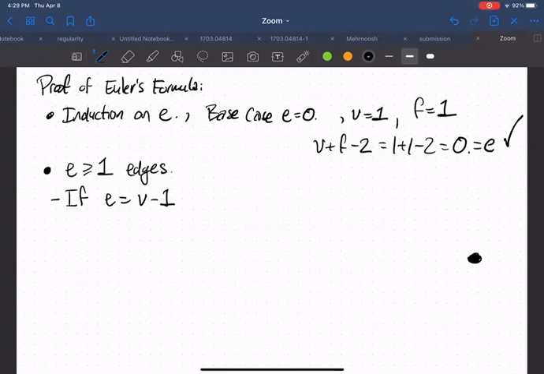What does that tell us about our graph? Have we seen a special kind of graph that's connected and the number of edges is exactly the number of vertices minus 1?